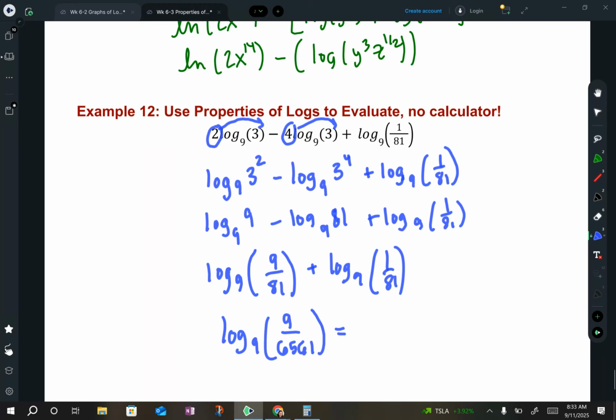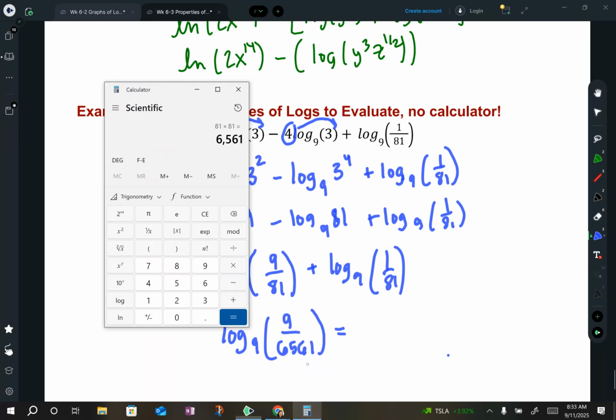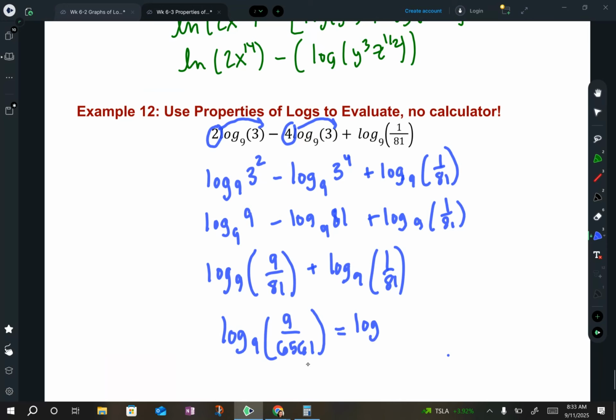All right, well, what is this equal to? Let's see, if we divide that by 9, we get 729. So this is log base 9, reducing the fraction, of 1 over 729.